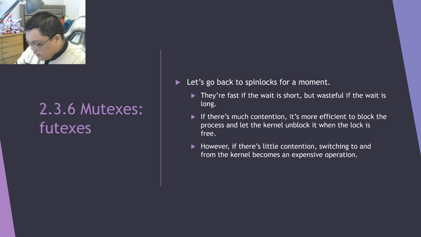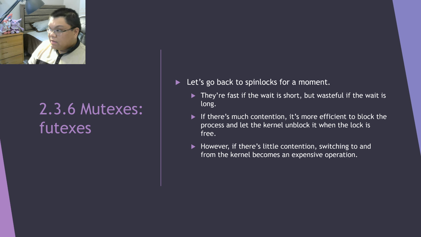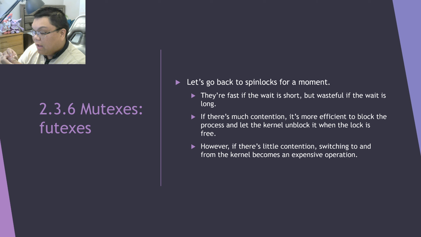So the idea is this. If a process tries to acquire a lock, if a process tries to enter its critical section, but it can't, and it enters busy waiting.